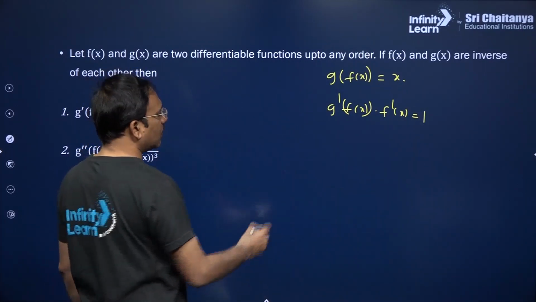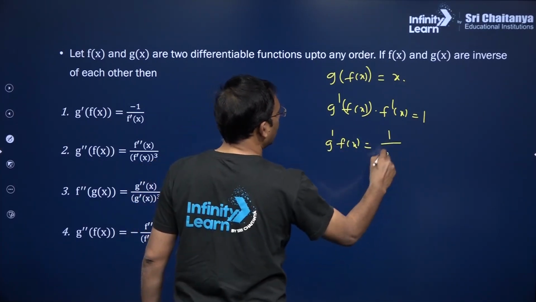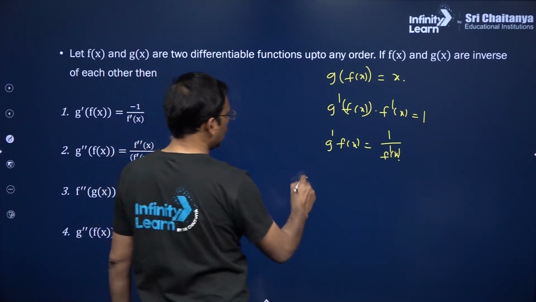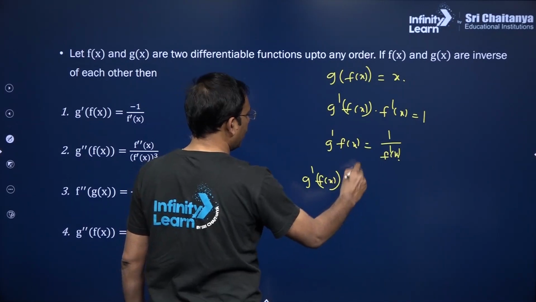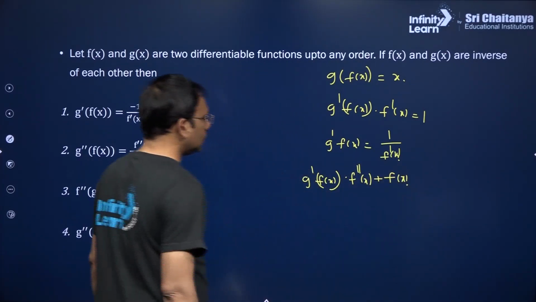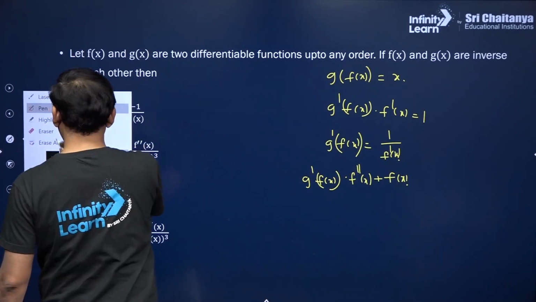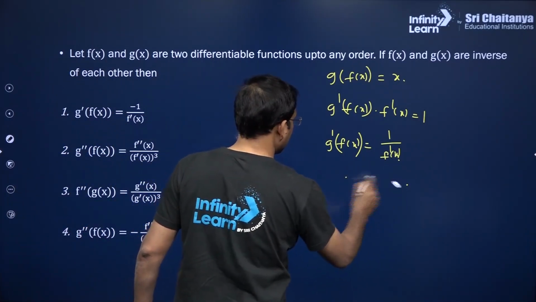So why do not you take the derivative like g dash of f of x is equal to 1 by f dash of x. So you just take the derivative again, u dv plus v du, g dash of f of x, my dear friends. You can take here like, yeah, you just take the derivative carefully.